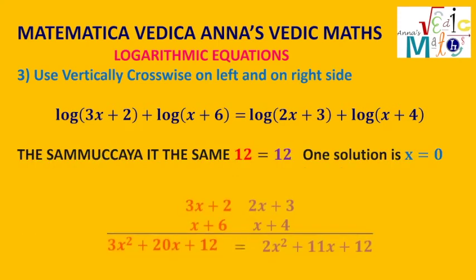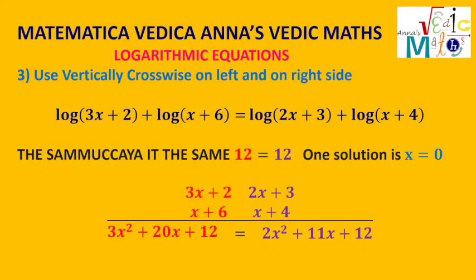To find the other solution, we multiply vertically each side using the sutra vertically and crosswise general multiplication. We find on the left side 3x squared plus 20x plus 12 equal 2x squared plus 11x plus 12.